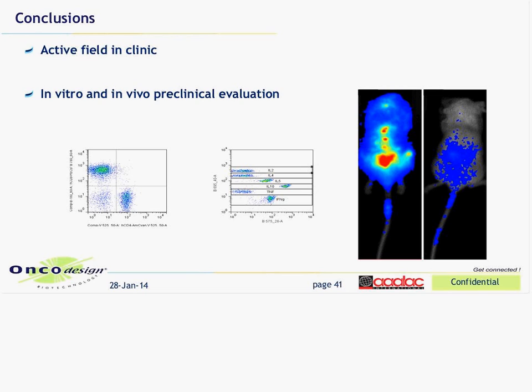So the question is, in your experience, what are the key regulatory barriers or points of objection that companies face when they take their ATMP from the lab into the clinic?